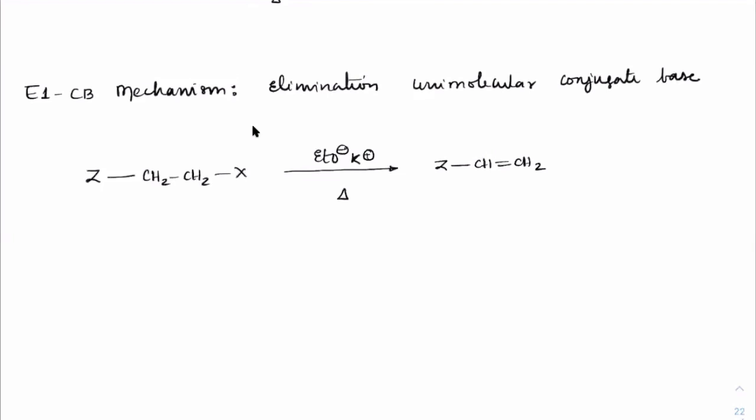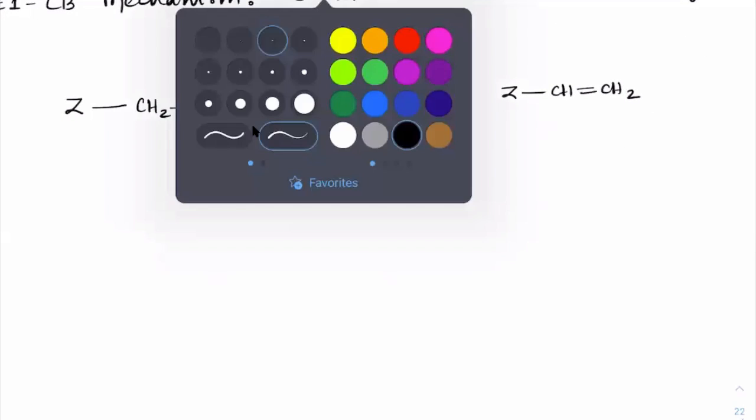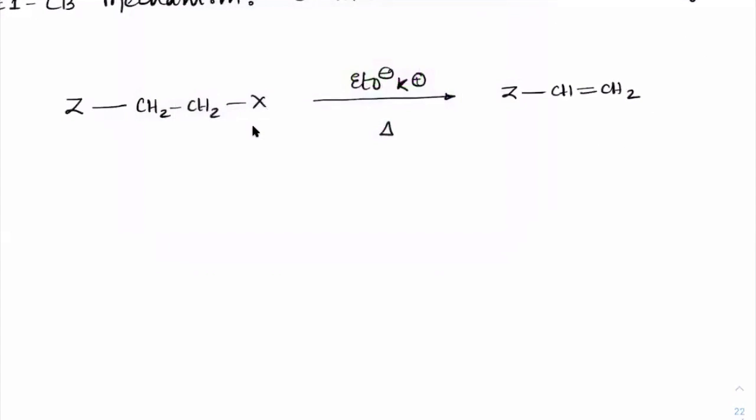This is the product formation. The condition here is that this beta hydrogen must be acidic, which means this Z must be some strong withdrawing group. It must be some strong withdrawing group.